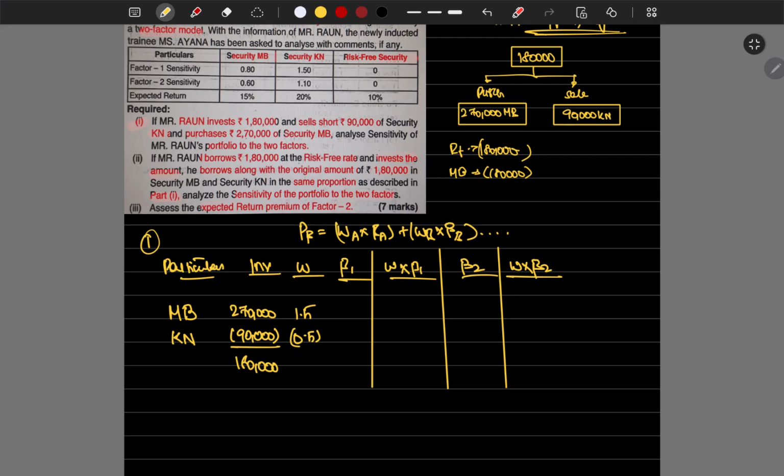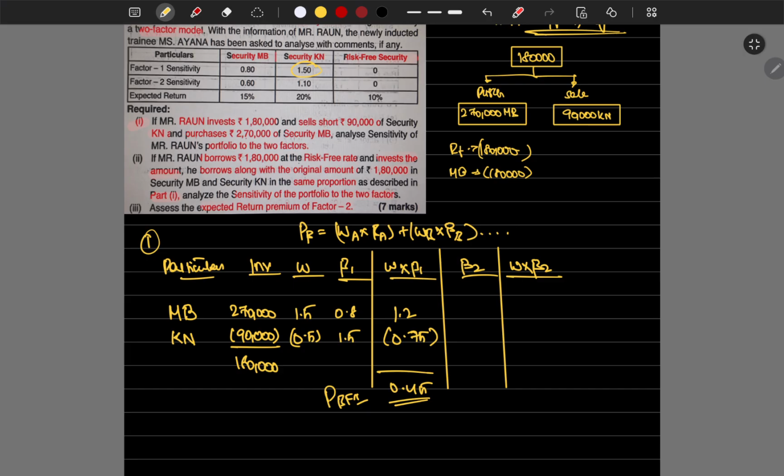Beta for MB is 0.8, for KN it is 1.5. Multiply: 1.5 into 0.8 is 1.2, 0.5 into 1.5 is 0.75. What's the portfolio beta for factor 1? 1.2 plus, minus 0.75, which is 0.45.